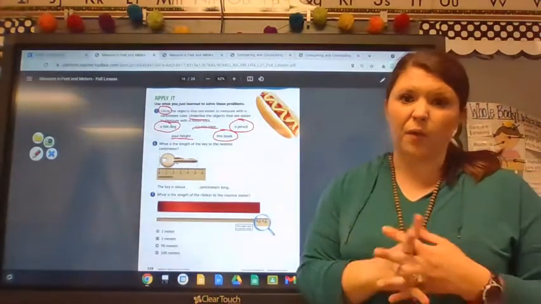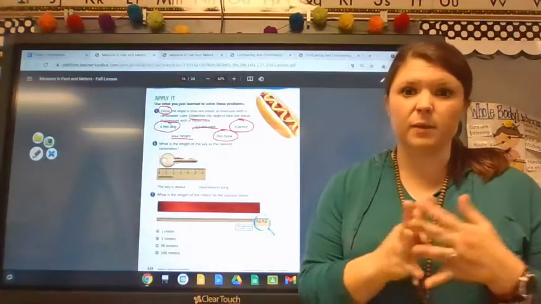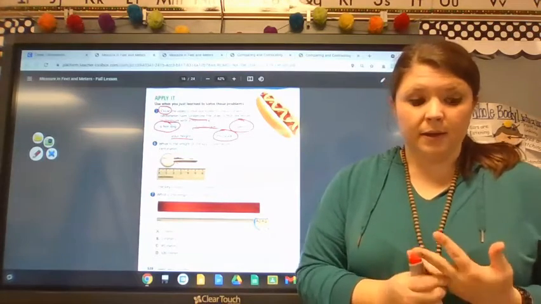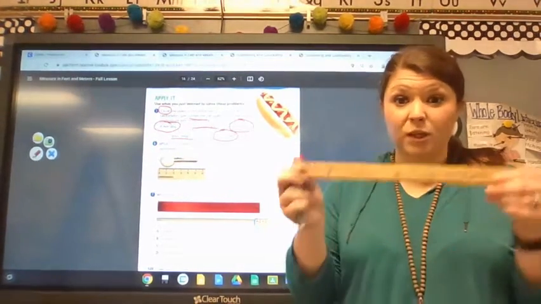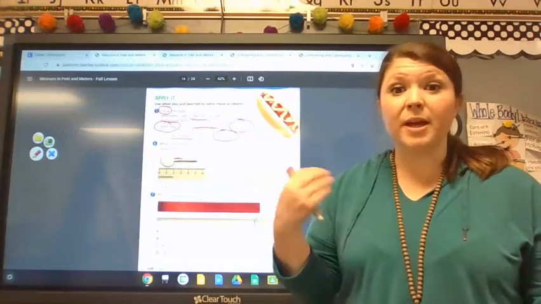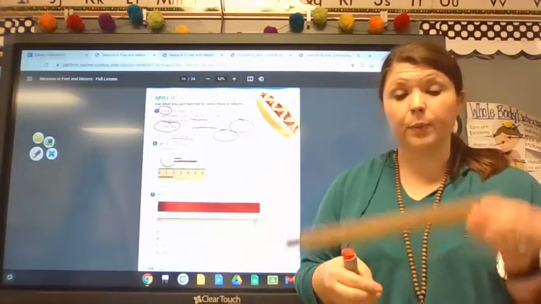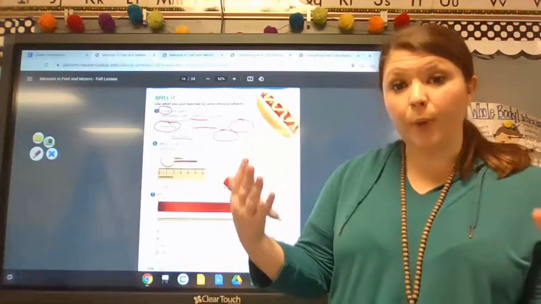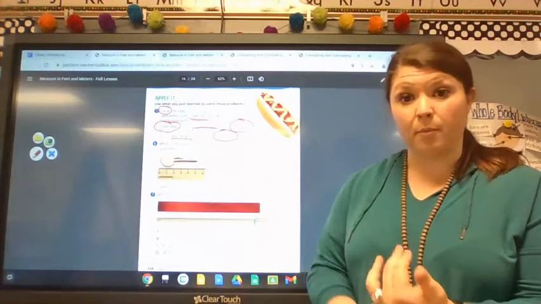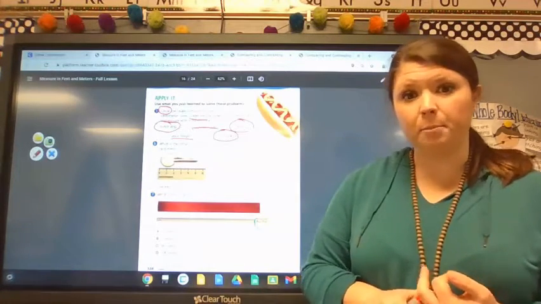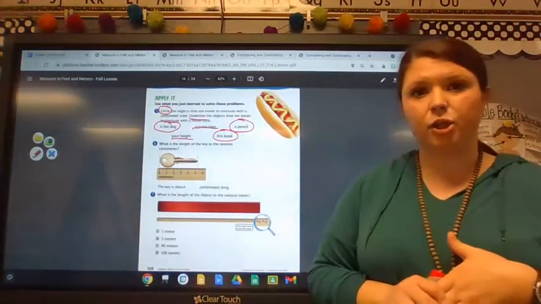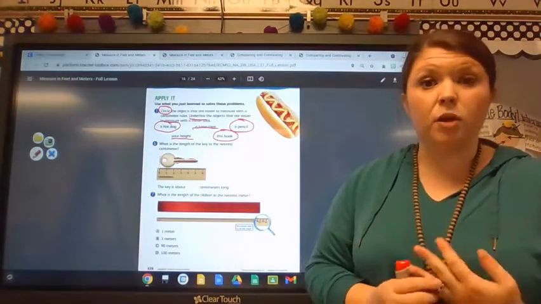What's the same about the size of those? They're larger than this ruler, right? So when we're measuring smaller things, it's more appropriate to use a ruler. When we're measuring larger things, it's more appropriate to use a different tool like a meter stick or a measuring tape, right?